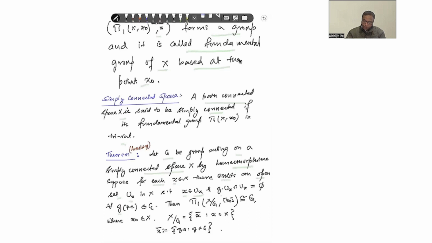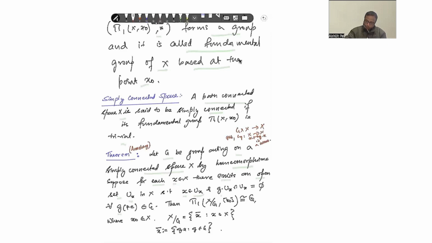So this group G is acting on the space X, and for fixed g, this map is a homeomorphism.